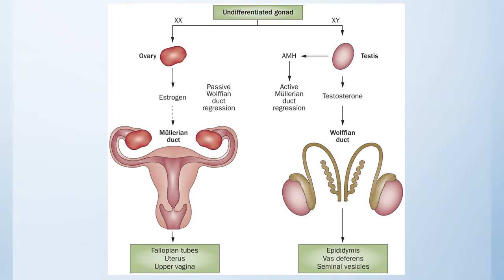As the name says, it is against the Mullerian duct, the formation of the female reproductive organs. With this inhibition, the male reproductive organs develop. Testosterone is secreted and helps in developing the male sex organs: the epididymis, the vas deferens, and the seminal vesicles.